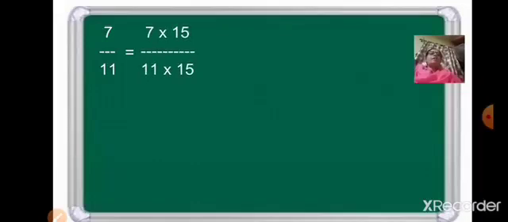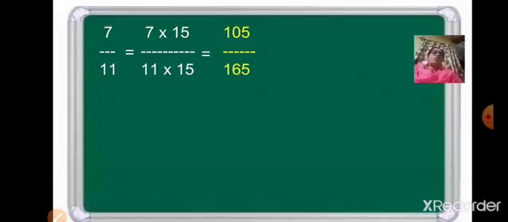Now 11 into 15 will give you 165. When you are multiplying 15 to the denominator 11, the same number, that is 15, will also be multiplied by the numerator. So 7 into 15 will give you 105 and 11 into 15 will give you 165, which is your LCM.